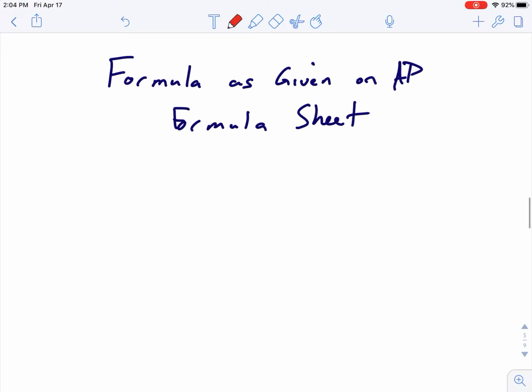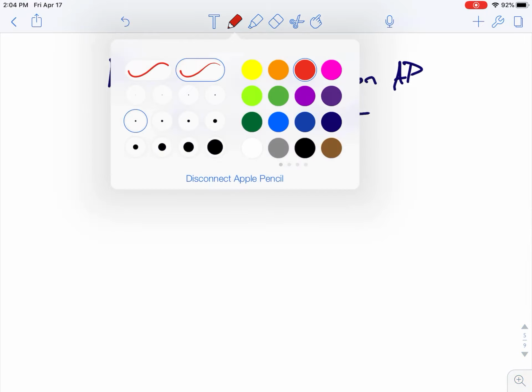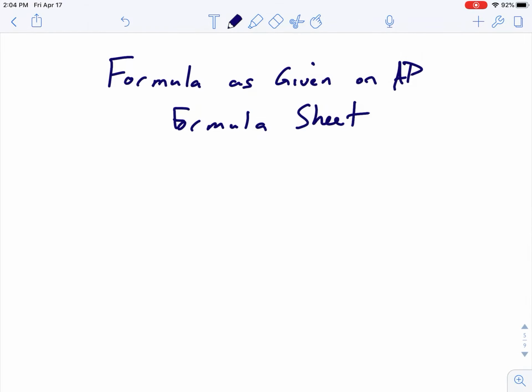All right, so what does this formula end up being? Well, first part's easy. So you need to be able to calculate torque. So torque is going to be equal to the combination of these variables. The easy ones are R and F, okay?